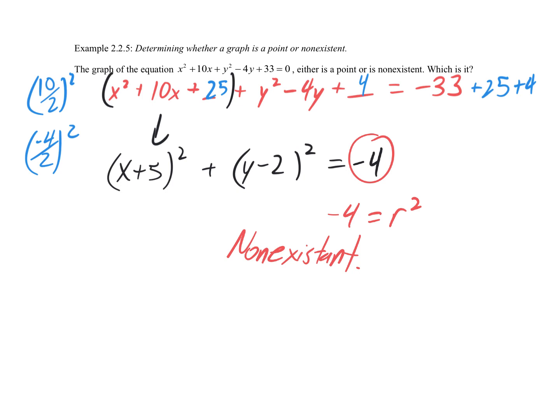And if this was equal to 0, then we would be able to say that it is a single point. So if r squared equals 0, then it's a point. So if you get r squared is a positive number, it's a circle. A negative number, it doesn't exist. And if it's 0, then it turns out to be a point.